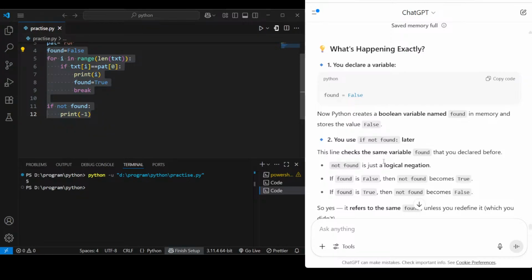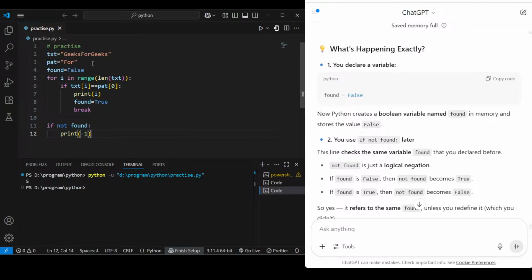In this case, we have declared found equal to false. Now, if the loop runs and it becomes true, then not true means false, so it won't print this one. If it becomes false, it checks not false. Yeah, true. Not false means true. Then it will print. Yeah, fine. I understood this one. Okay, I have understood somewhat.